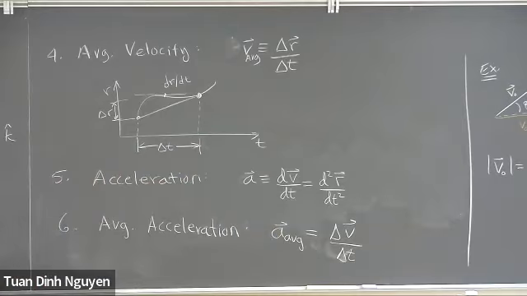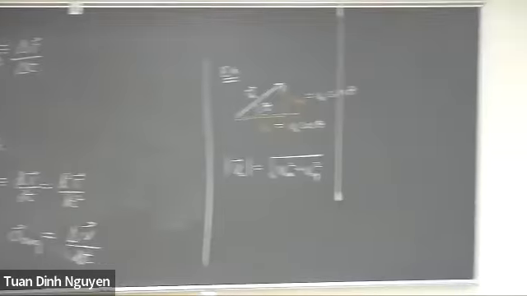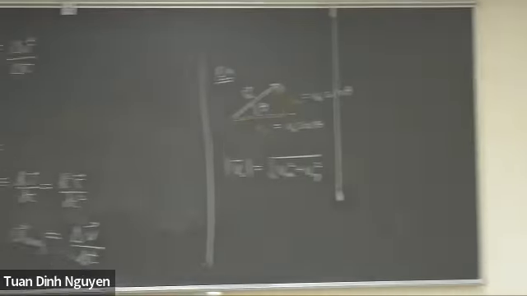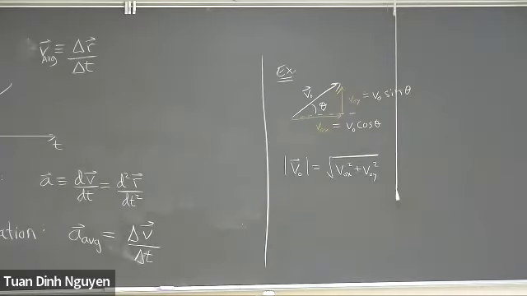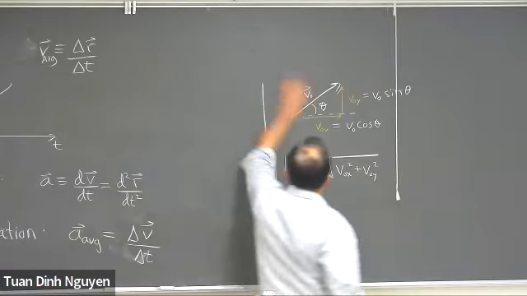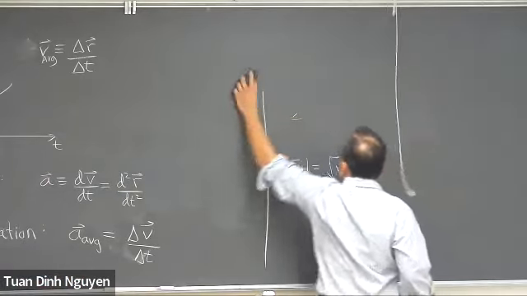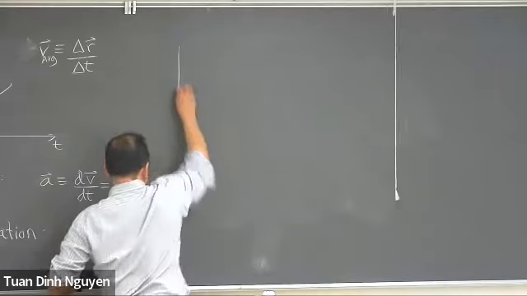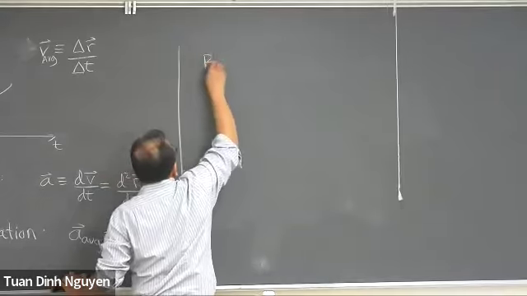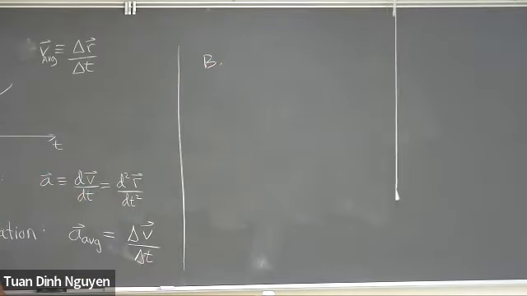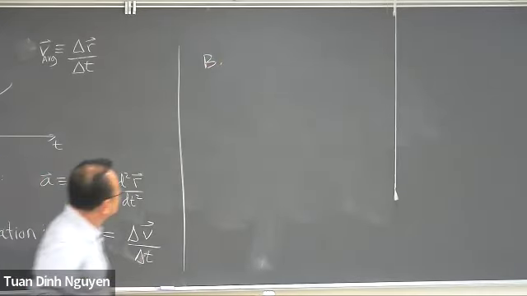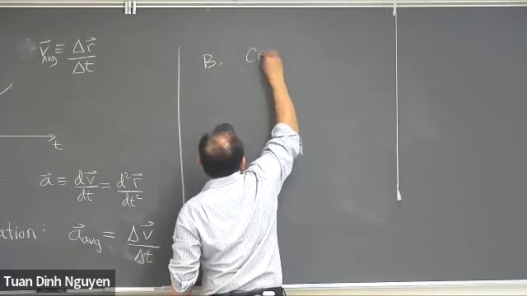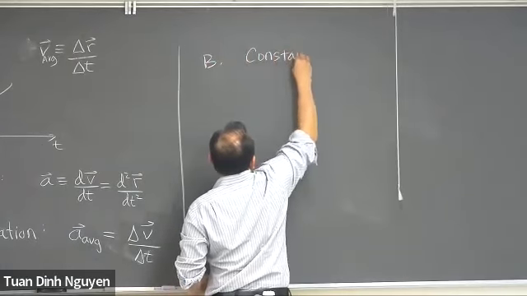We now go a little deeper when the acceleration is constant. So B would be when things have a kind of constant acceleration.